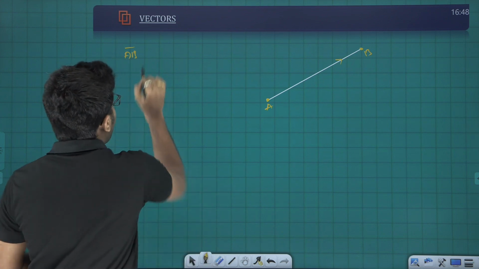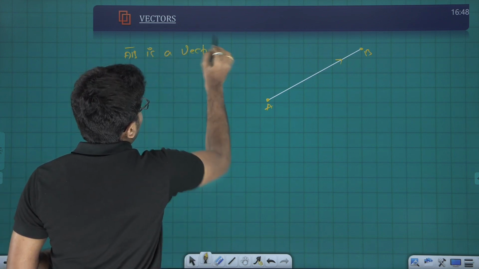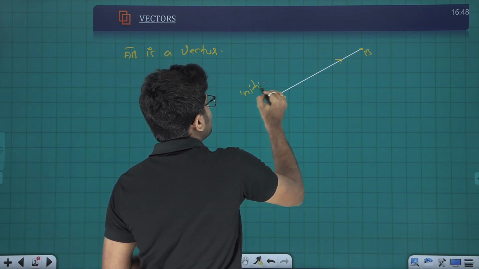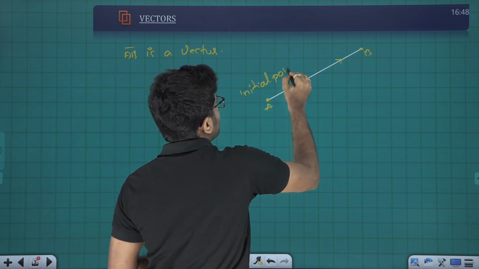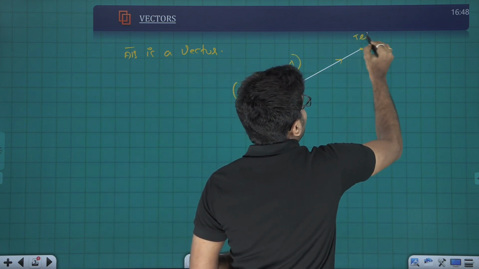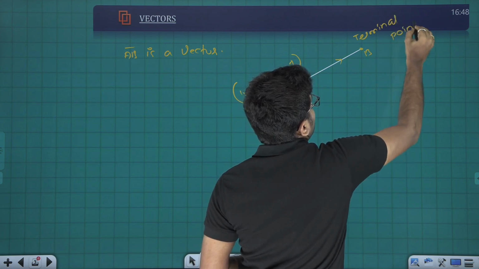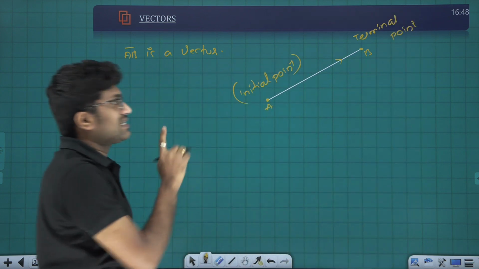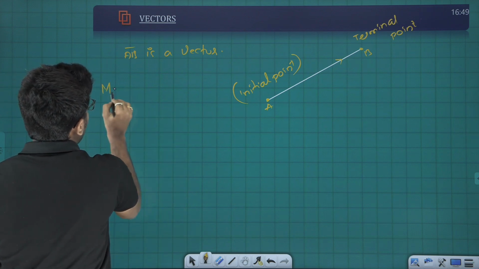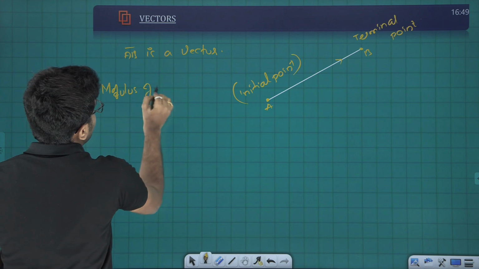So if AB bar is a vector, then A is said to be the initial point, point B is said to be the terminal point or final point, and the length of this line segment AB is the modulus of AB bar, the modulus of the vector.